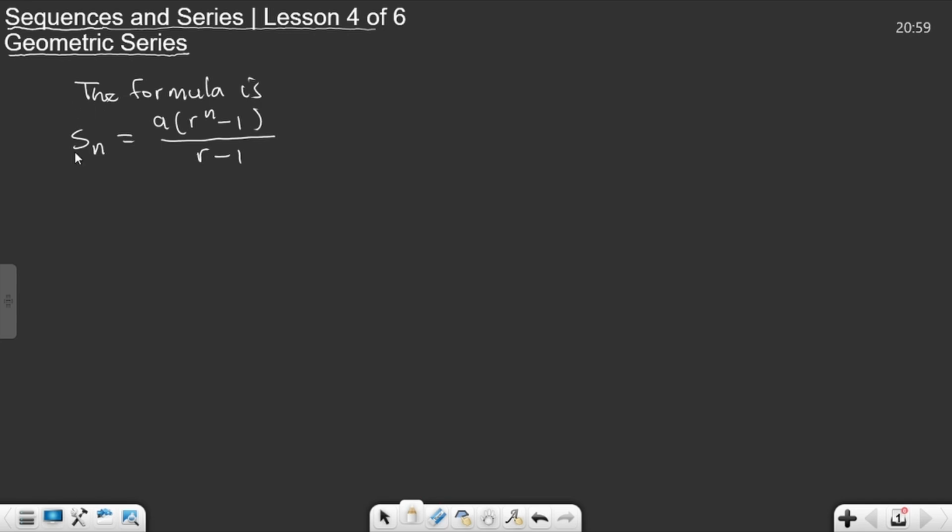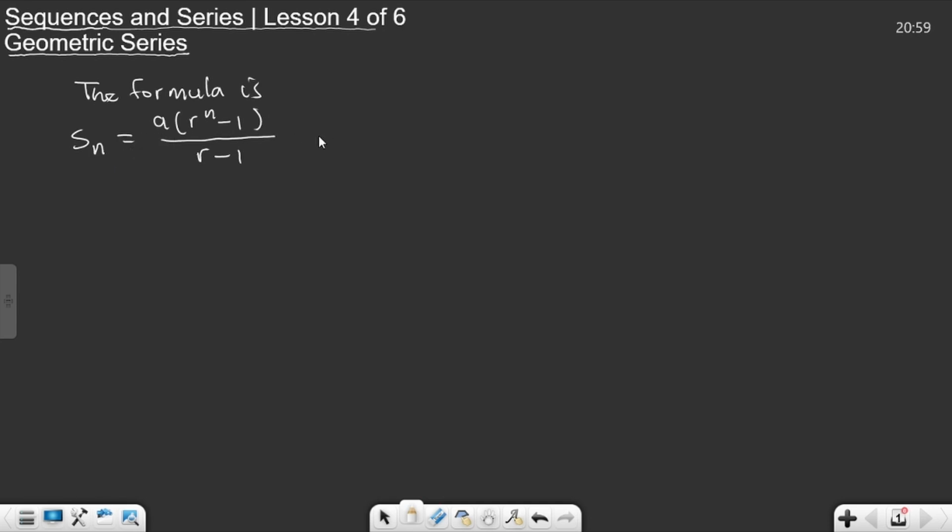This is the formula we use to calculate a geometric series. A is your first term, R is the common ratio and N is the number of terms. So you have Sn, which is the sum of n terms, S for sum. So this is the formula you use to calculate a geometric series.